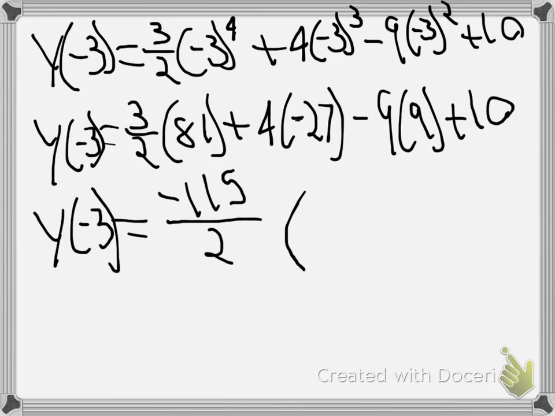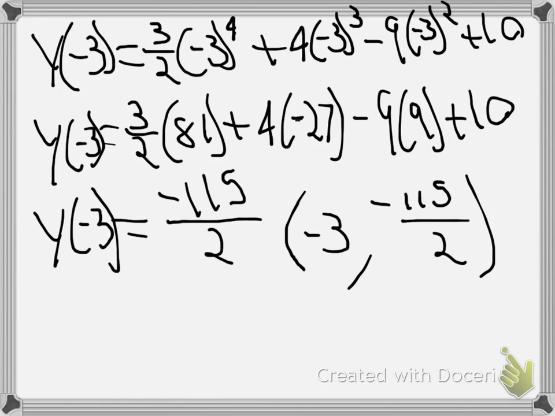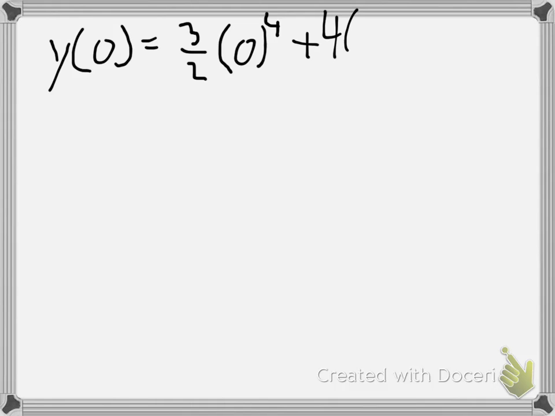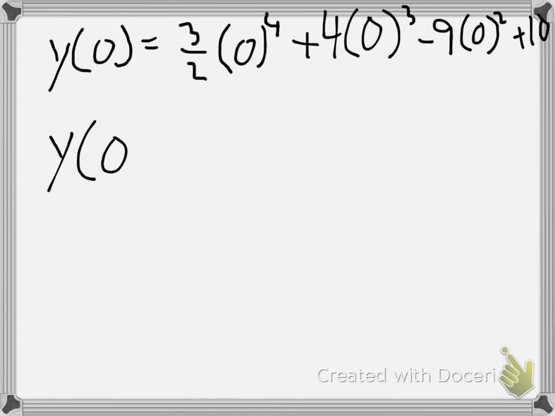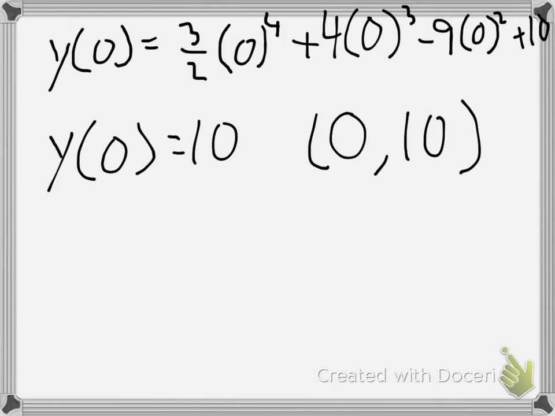And this simplifies out to negative 115 over 2, and the position is negative 3, negative 115 over 2. The last one is y of 0, and we plug the 0 in for the x's again, and because everything times 0 is 0, we're left with y equals 10, and the position is 0, 10.